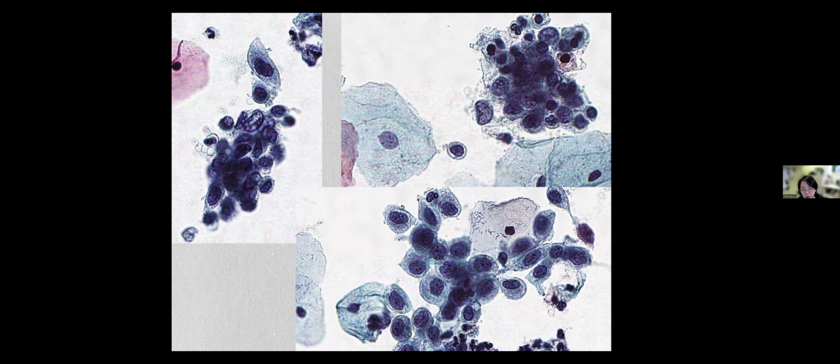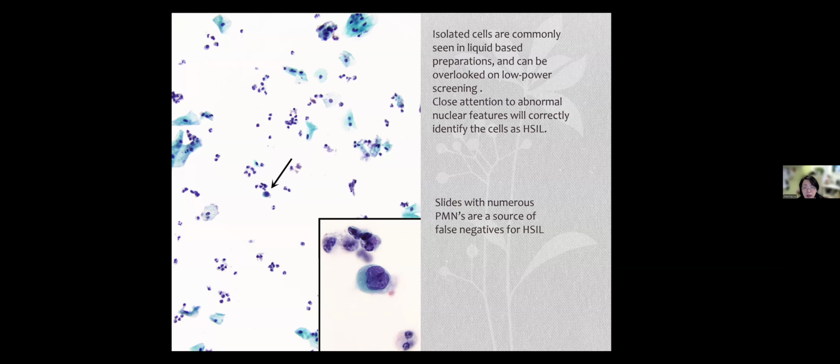This is a hyperchromatic group, a different pattern. You can see every single cell has irregular nuclei, high NC ratio, and dark, enlarged nuclei. Isolated cells sometimes can be missed.